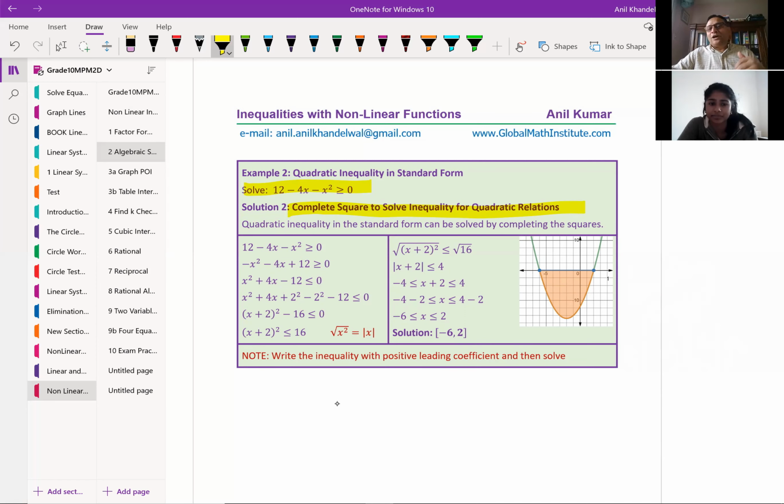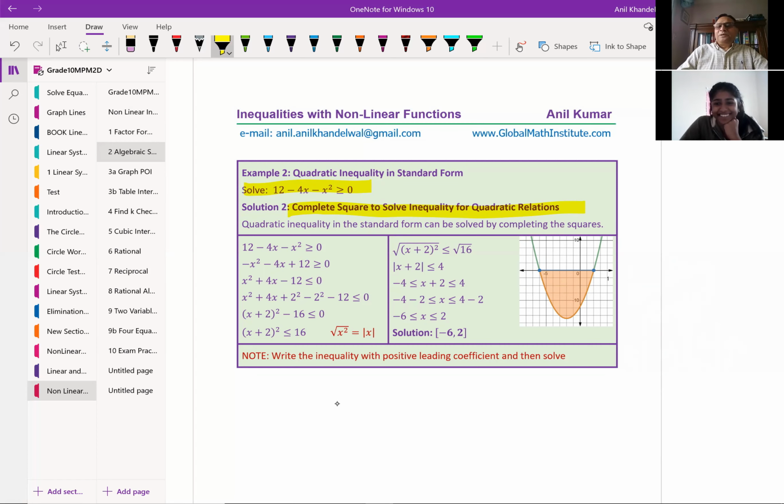Sometimes the reason they give you an equation like that, which will be worth more than 4 marks, is to test you on other capabilities of solving an inequality. So remember, if you're lucky, you'll get a simple, factorable form, but I won't give you a factorable form.